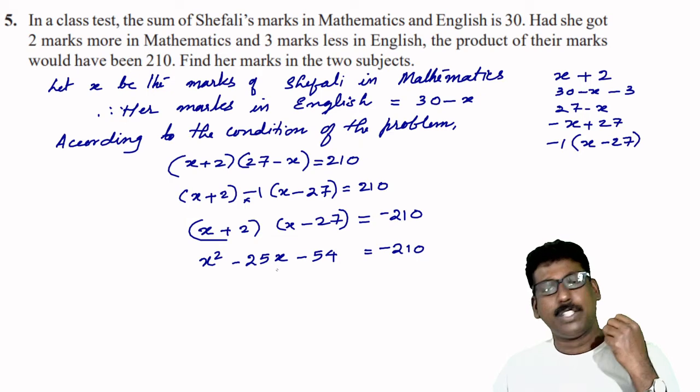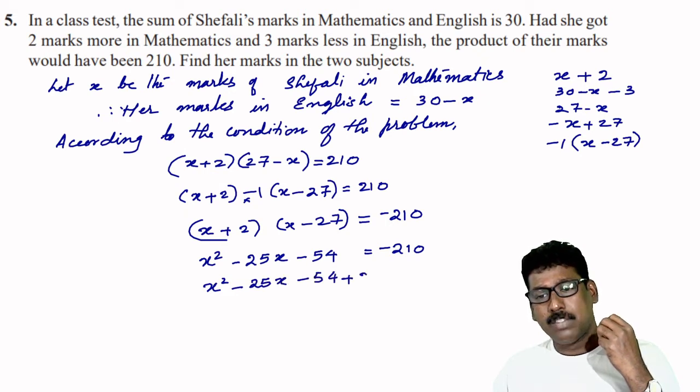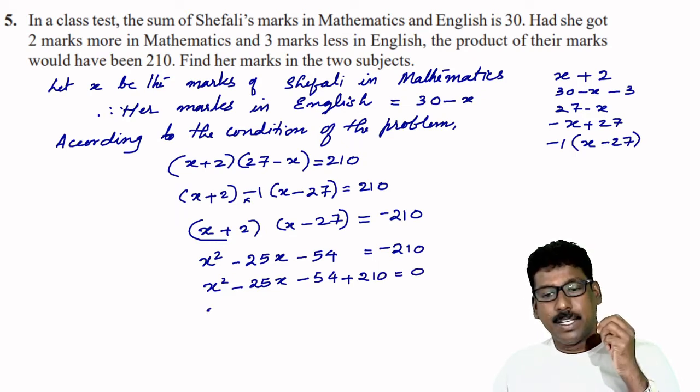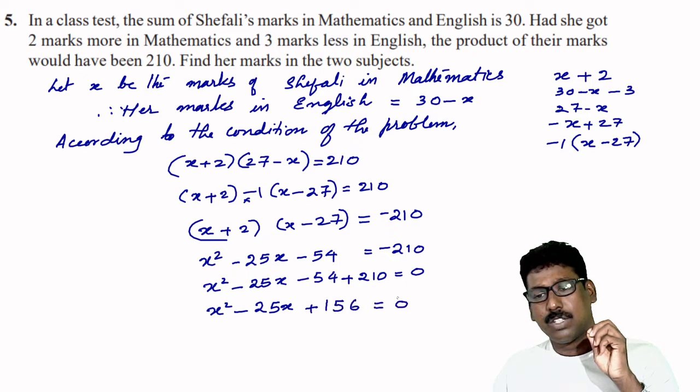Now transpose negative 210 to LHS. It is x square minus 25x minus 54 plus 210 is equal to 0. That is x square minus 25x plus 156 is equal to 0.